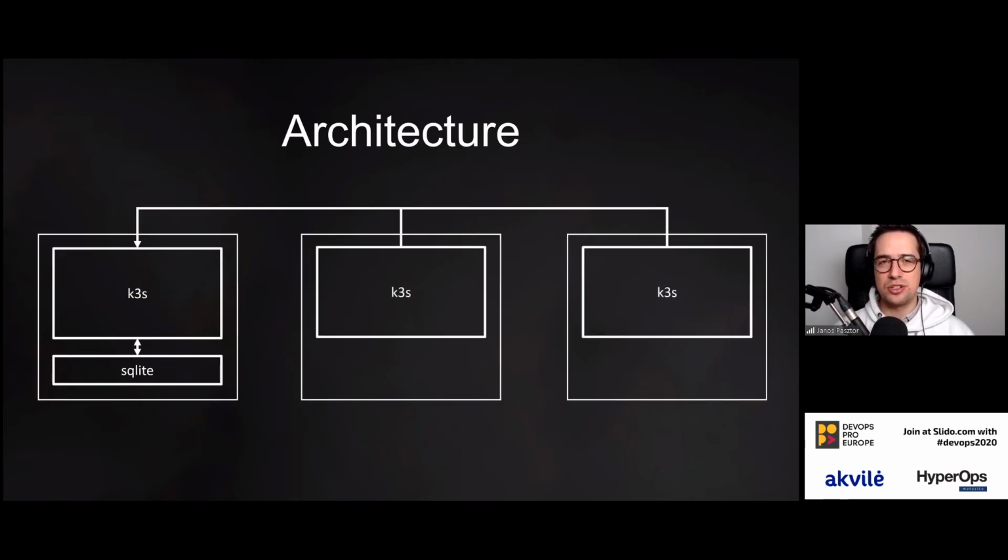You can add additional nodes to your cluster, which simply contain a single k3s binary that will talk to the single k3s master. And this way you can build very small scale clusters and deploy applications in a resource constrained environment as well.